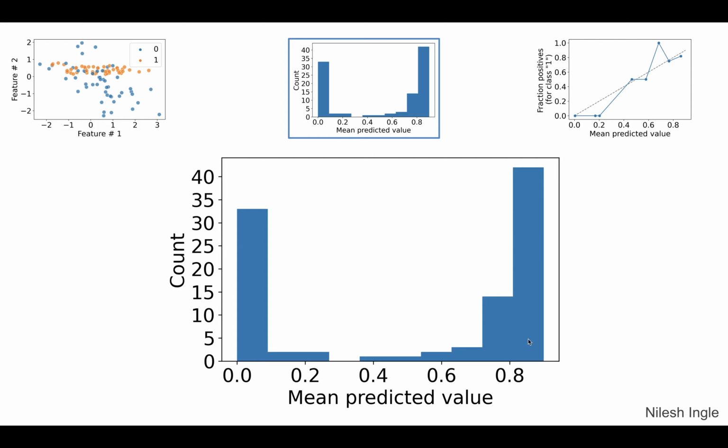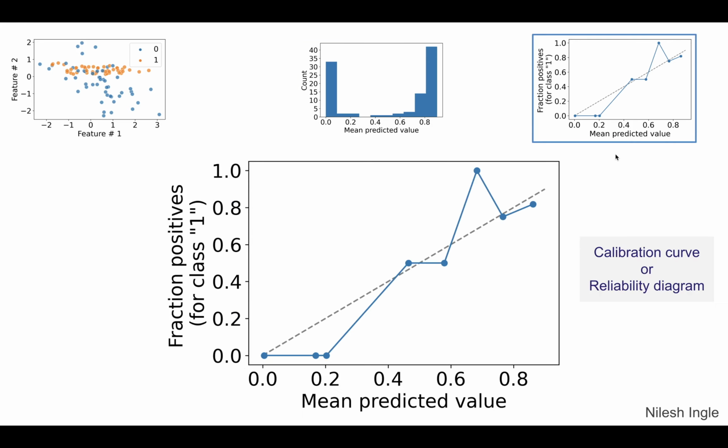If we use a different classifier such as SVC, then we would get a different type of histogram here. Now if we look at the calibration plot, this is also called a reliability plot, or a reliability diagram.